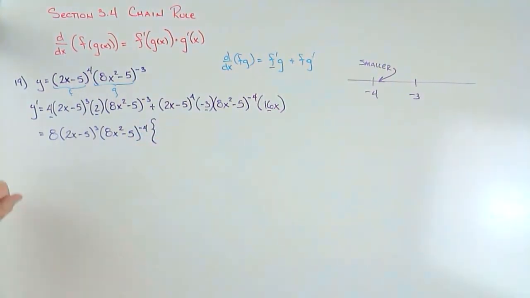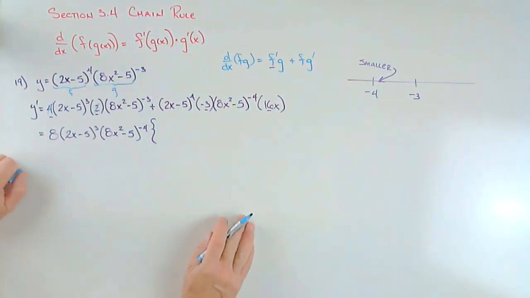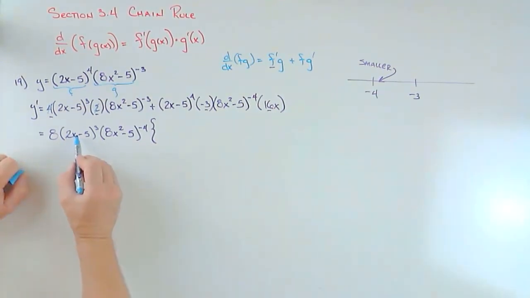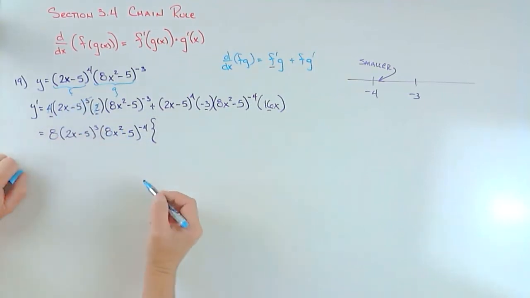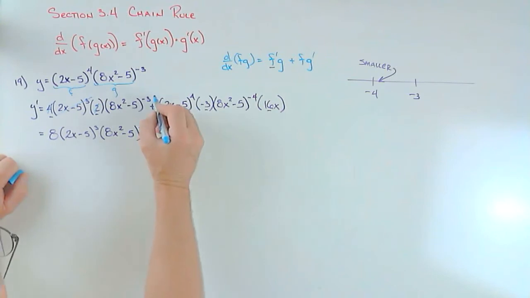Now, what's going to be left? All right, what's going to be left? Well, let's take a look, and I'll change colors to help us here. Over here, we took out an 8. That's 4 times 2, so those are gone. We took out 2x minus 5 cubed. So 2x minus 5 cubed, that's gone. We factored out a -4. So that's minus 4.